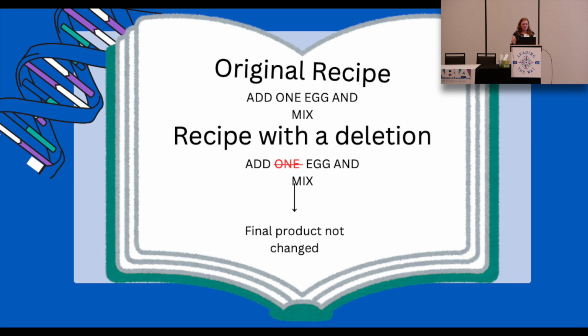Sometimes there are deletions, and an example of a deletion could be taking out the word 1. Now it just says add egg and mix. Well, ultimately that means the same thing. And so your body adds an egg, hypothetically, and there's no end product change.